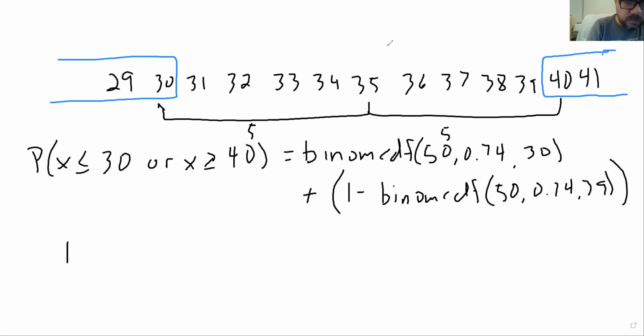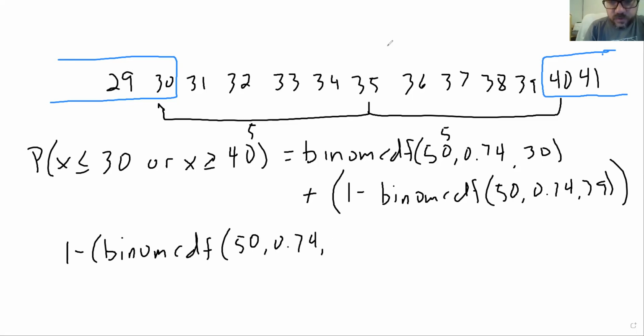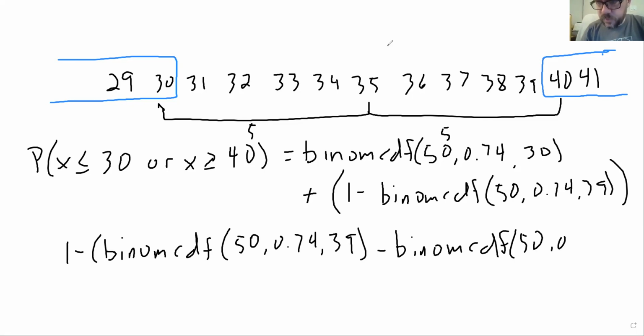So we could do 1 minus binomial CDF of 39, 50, 0.74, 39, minus binomial CDF 50, 0.74, 30.